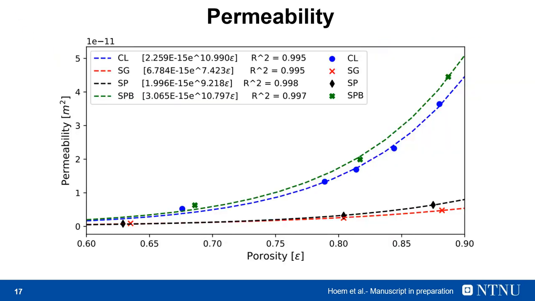Here are the results from the permeability analysis. We can see the Schwarzschild beam has the highest permeability, followed by the cubic lattice and Schwarzschild and Schwinn-Gyroid.